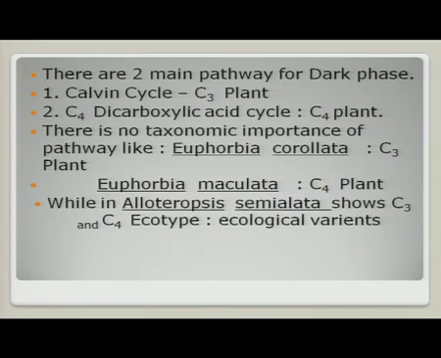There is no taxonomic importance of this pathway, because in a particular genus both types of cycle are found, like Euphorbia. In the species Euphorbia corollata the pathway is C3, and in another species, Euphorbia maculata, the pathway is C4.